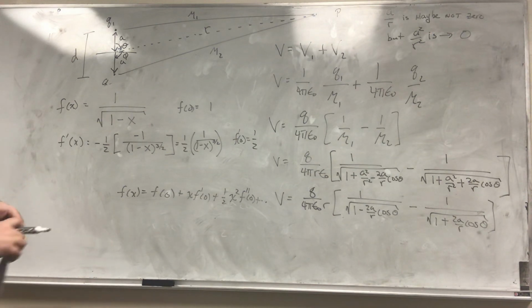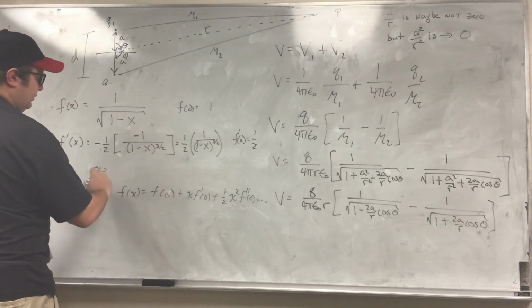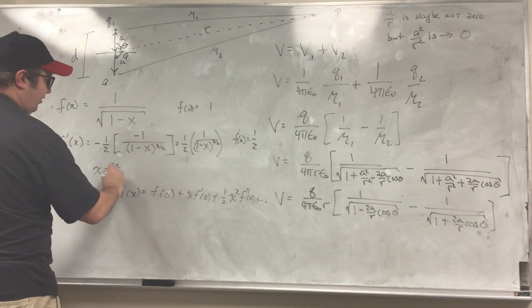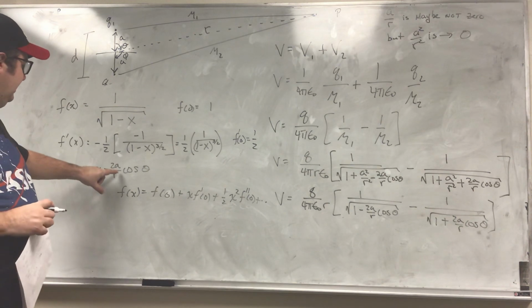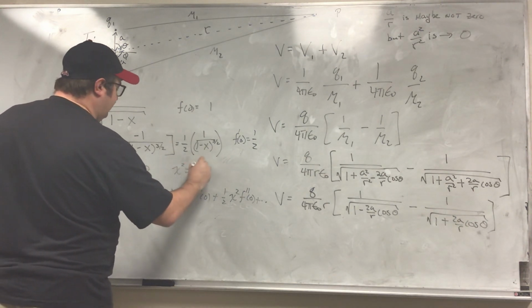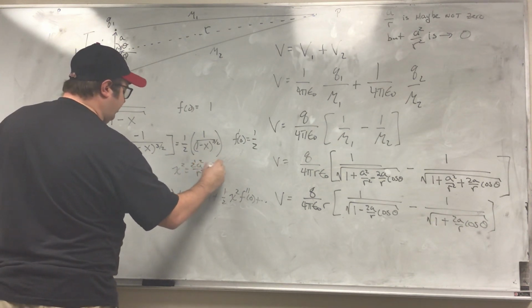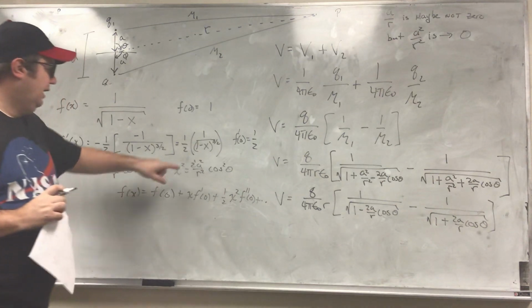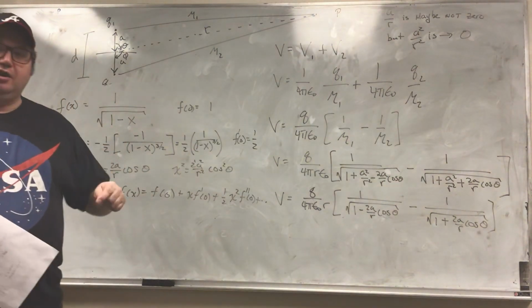Now, if I'm going to go ahead and call x 2a over r cosine theta, then anywhere I have an x squared, you're going to have 2 squared a squared over r squared cosine squared theta. There I have that ratio, a squared over r squared.